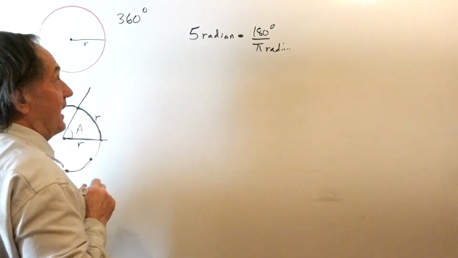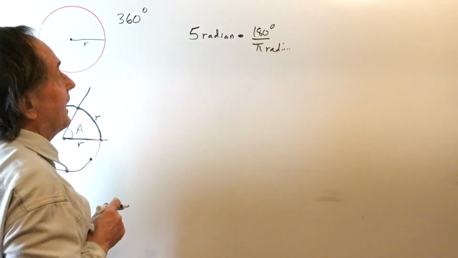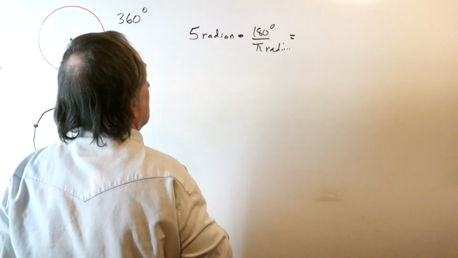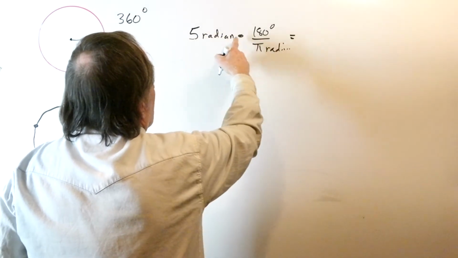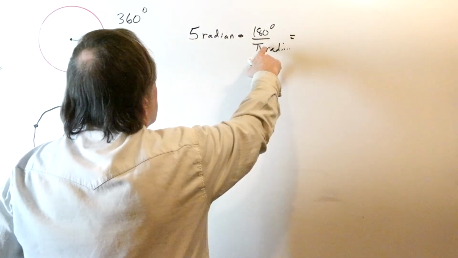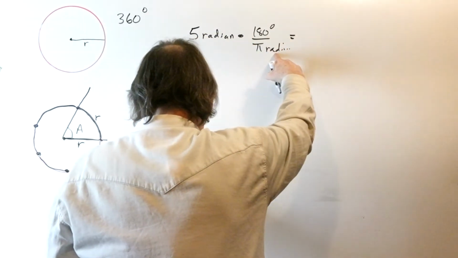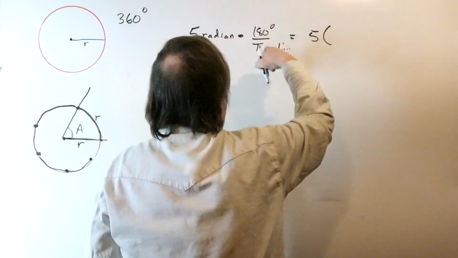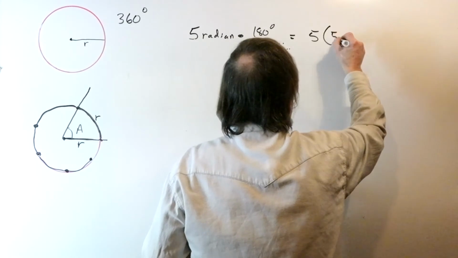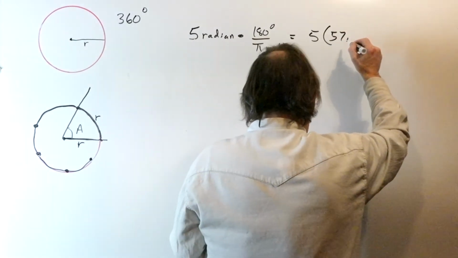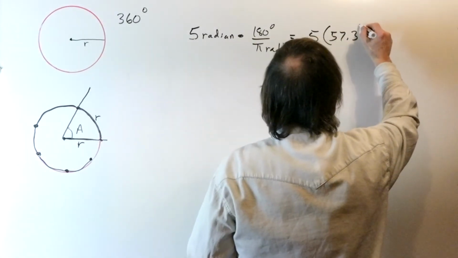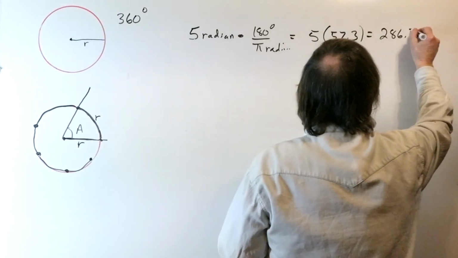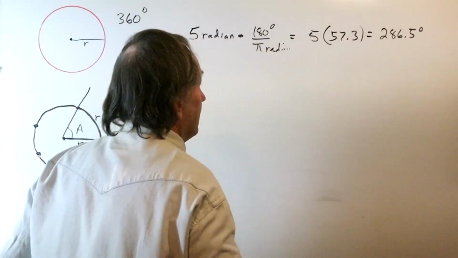So we multiply by 180 over pi to get the degree measure. So we have 5 times 180 divided by pi, which is 5 times, remember, 180 divided by pi is about 57.3. So this comes out to 286.5 degrees in 5 radians.